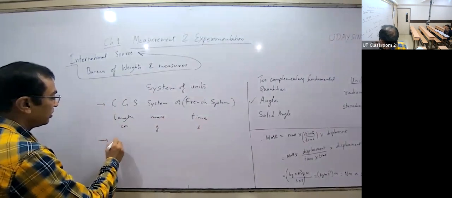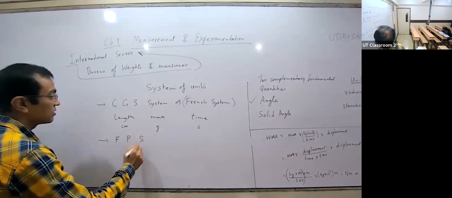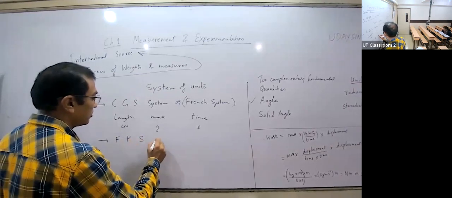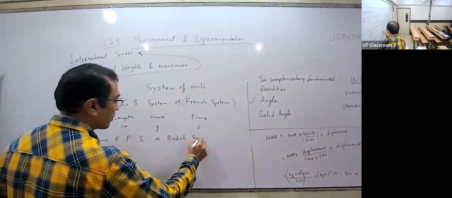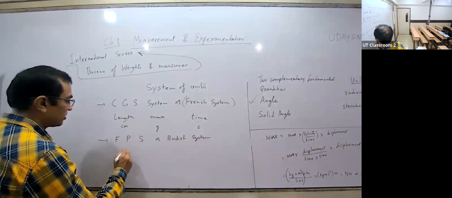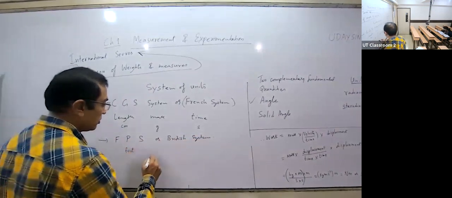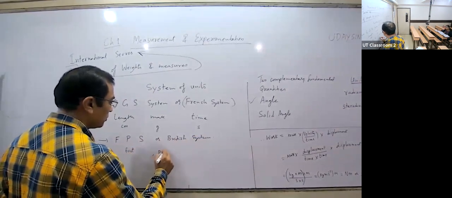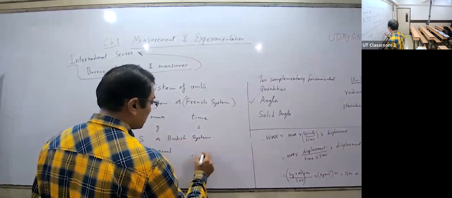Then we had the British system, which is called the foot, pound, and second system, or FPS. In the British system, length was measured in foot, mass in pound, and time in second.